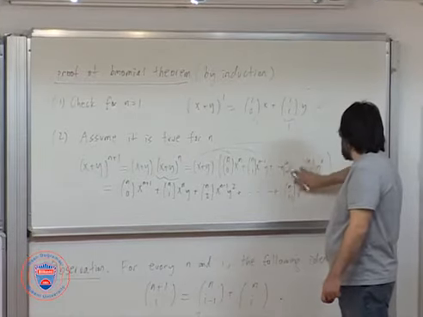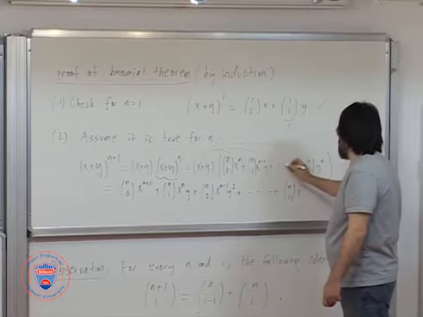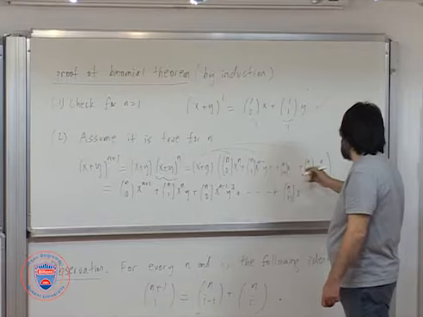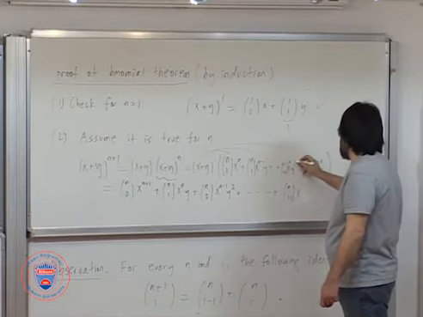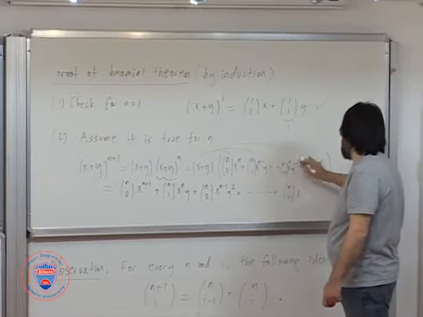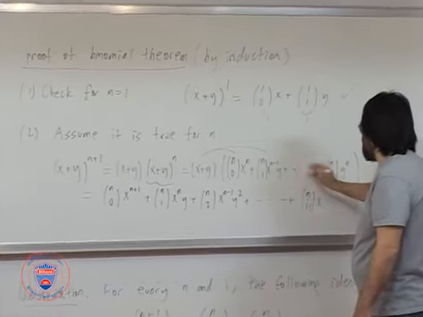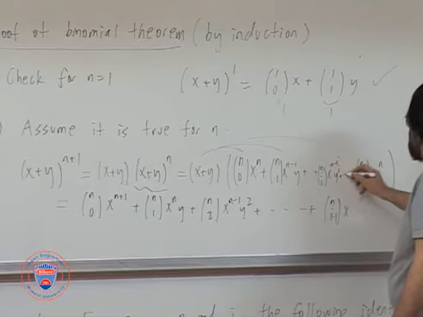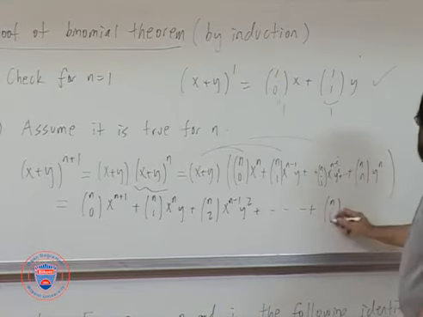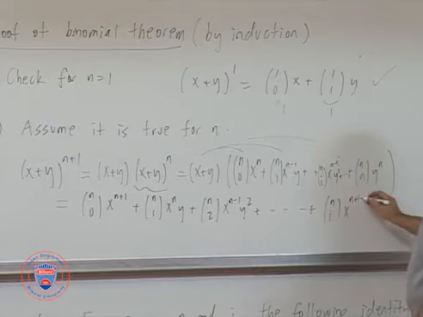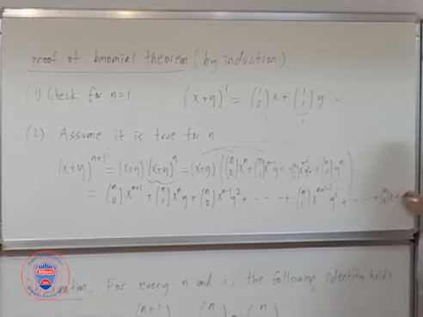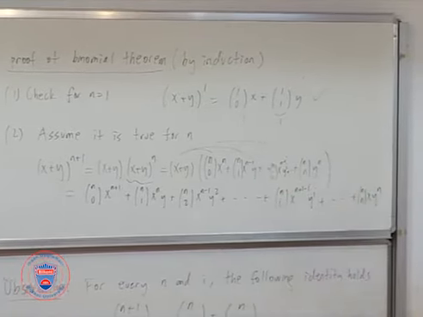So here you had a typical element which looks like this, x to the n minus i plus 1, y to the i minus 1. So a typical element looks like this. So now this became like this. This is when I multiply everything with x.